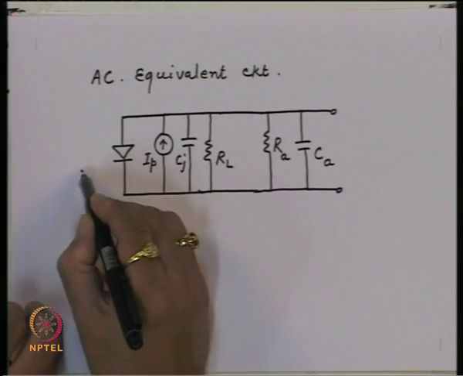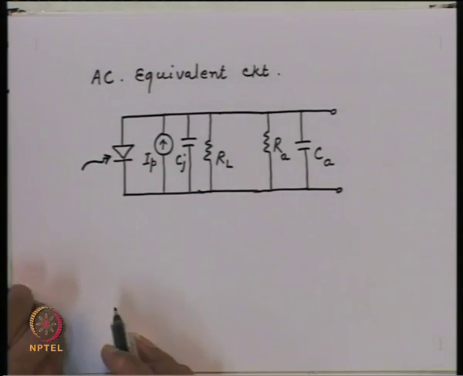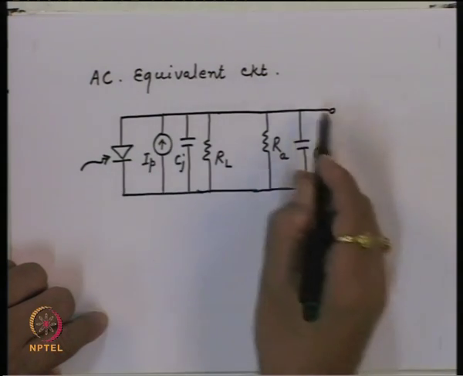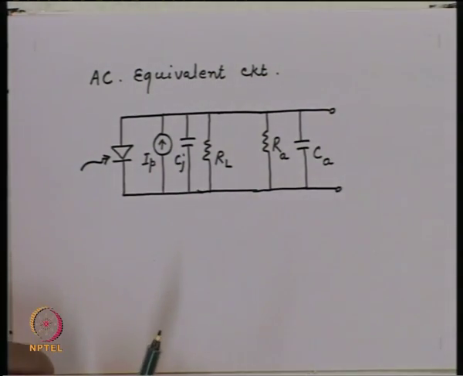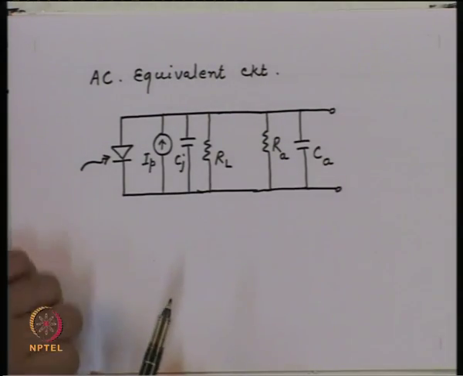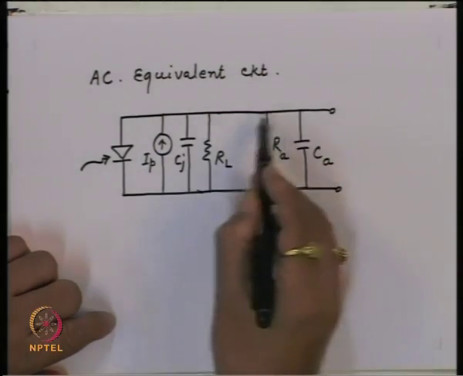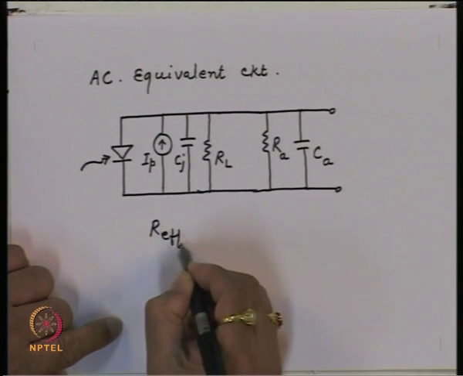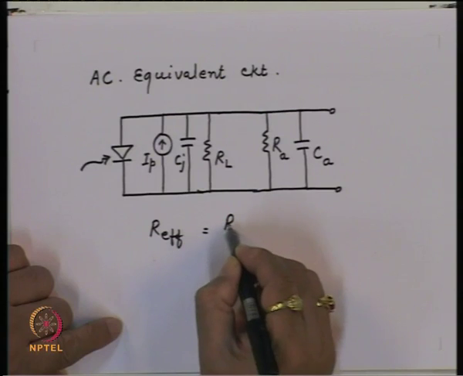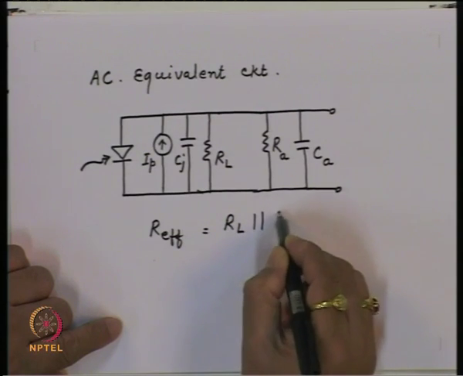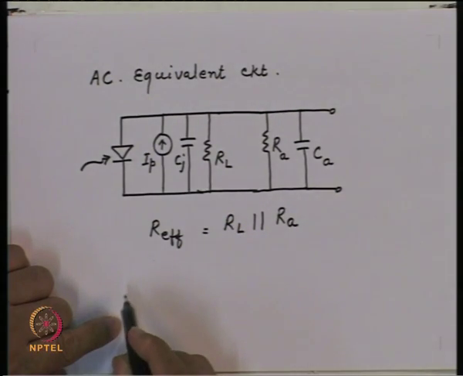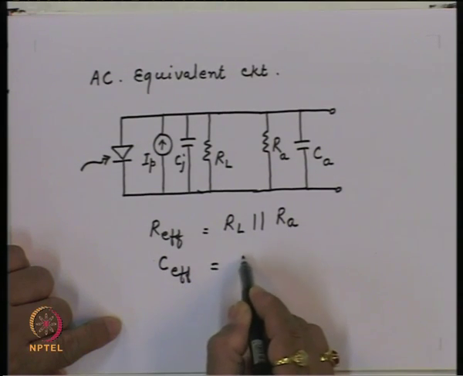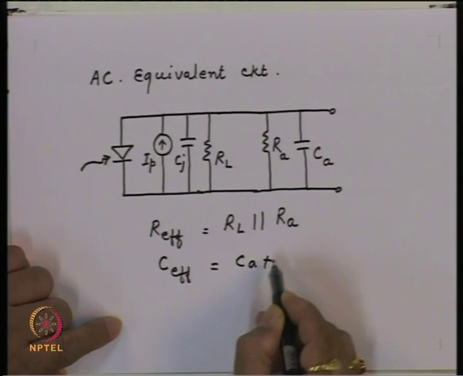So when the photon is incident on this junction, this circuit has a finite time constant because of the resistance and capacitances. The effective resistance which this circuit would see is R effective, which is RL in parallel with RA, and the capacitance will be equal to CA plus CJ.